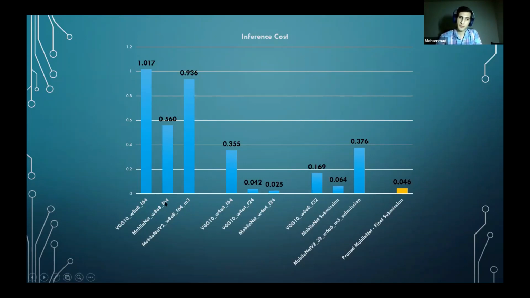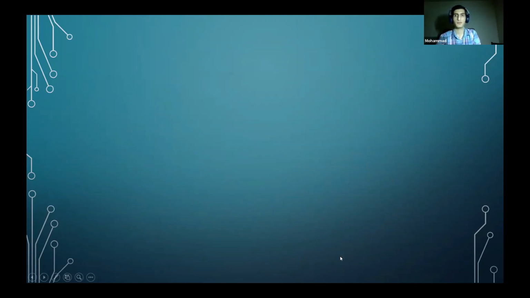But as you can see, for example, in the first and the third one, MobileNet in the first version, generally the idea of pointwise convolutions, they are better, and we could have a compression ratio of almost 2, 1.7, 1.8. And this was my final submission, 0.046, in which I used a MobileNet and iteratively pruned that MobileNet just one time.